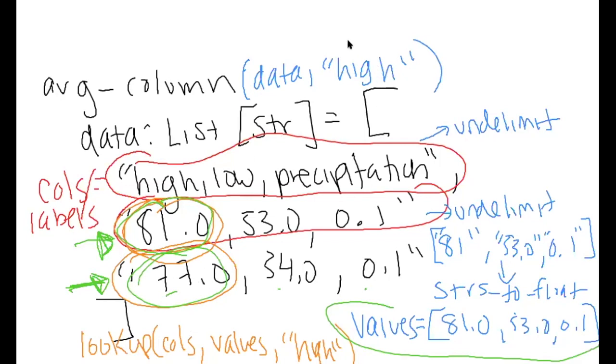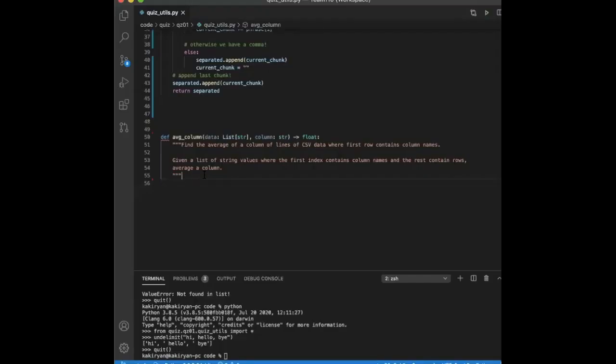Right, so this is kind of a mess and a little confusing probably. So let's just go ahead and write some code. Right, so we already got the function signature. So I'm basically just gonna try to translate what I drew out on the whiteboard directly into some code. So first we want to get our columns, which we can just undelimit the first row in our data table, because we're told that the first row is always going to be those columns. And so that's at the 0th index.